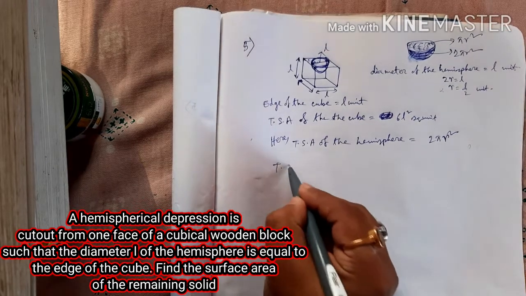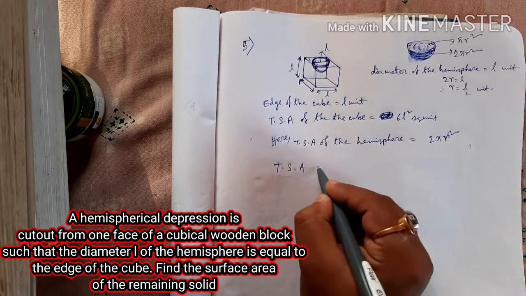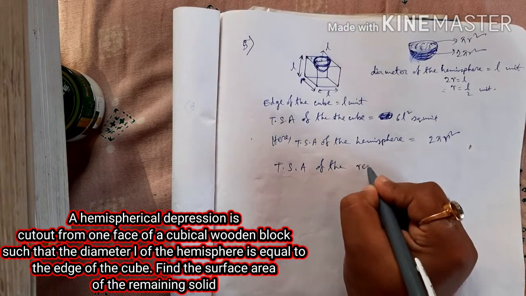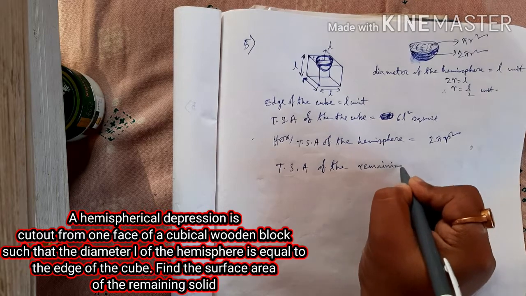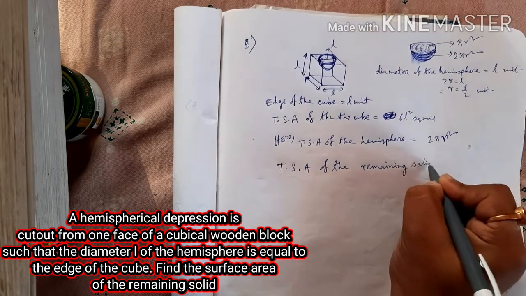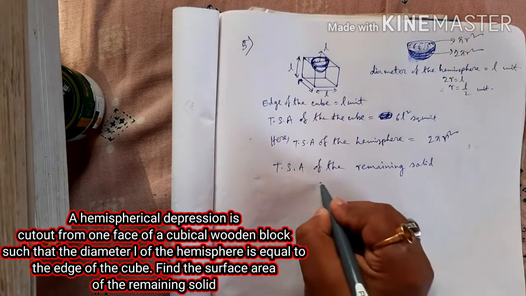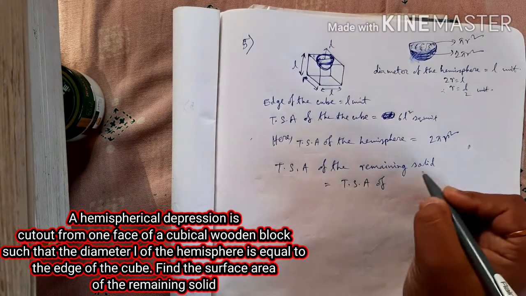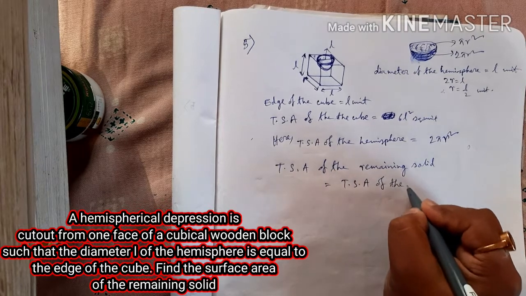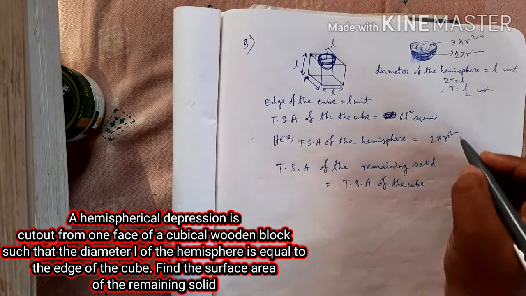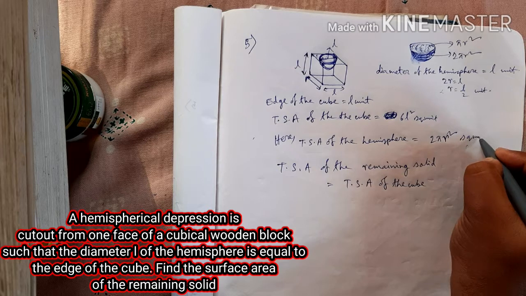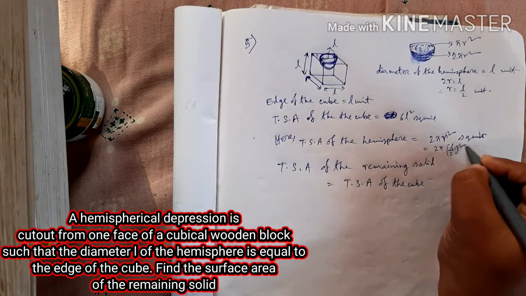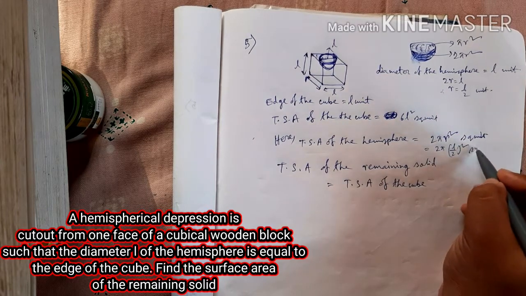So the total surface area of the remaining solid is the total surface area of the cube, this is 6L square unit, plus the curved surface area of the hemisphere, this is 2 pi L by 2 square, because r is L by 2 unit.